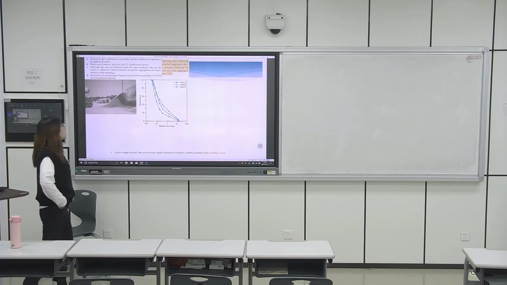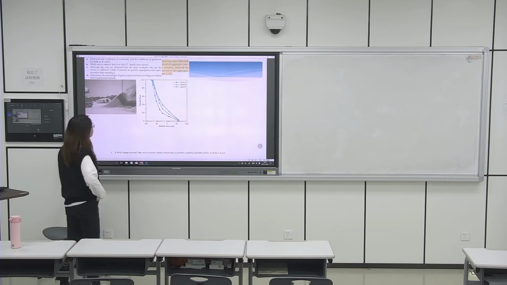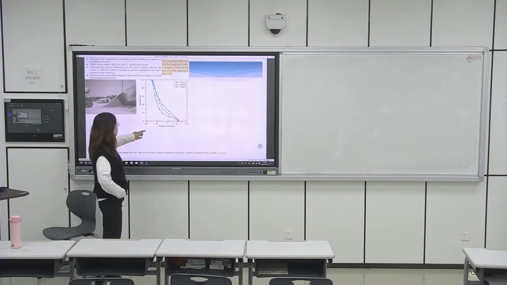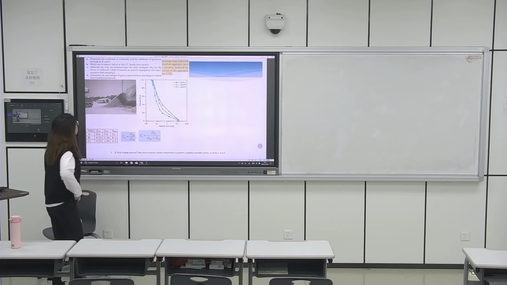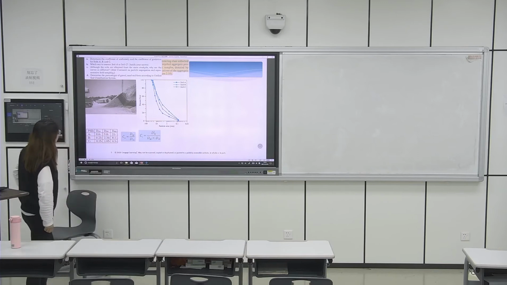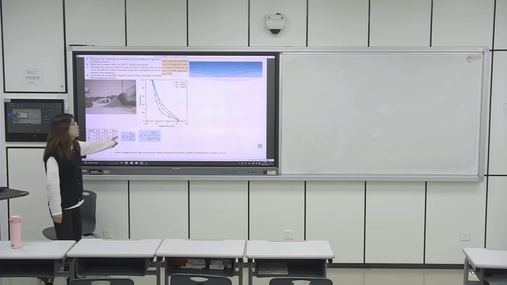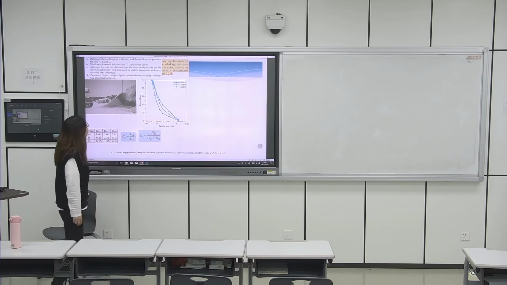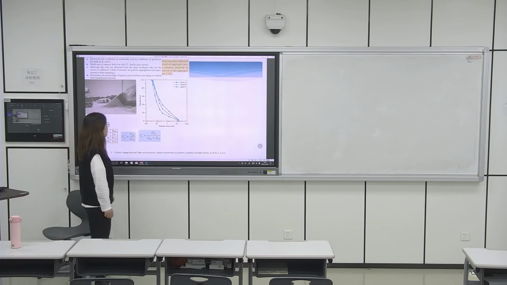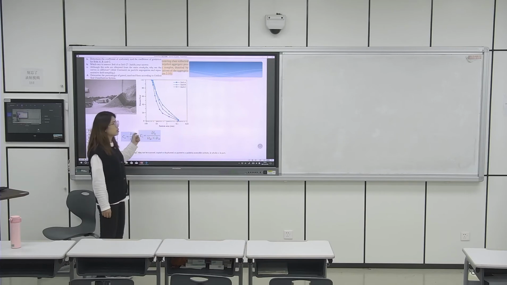So let's see the first one. Determine Cu and Cc is very easy. What is Cc and Cu? We know that the uniformity coefficient is Cu. It is the ratio between D60 and D10. Cc is the gradation coefficient. That is, use this equation.